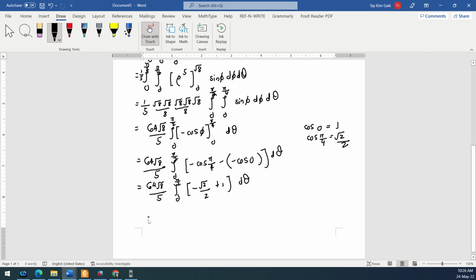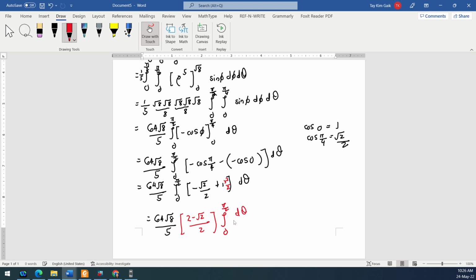I have 64 root 8 over 5. This one I make it times 2 divided by 2, so you got 2 minus root 2 divided by 2. Lastly, integrate from 0 to pi over 2 d theta.